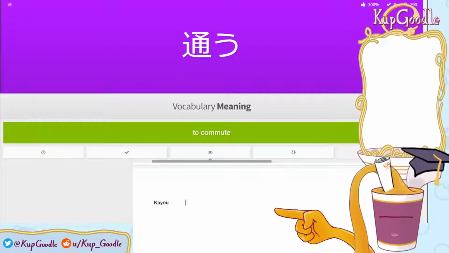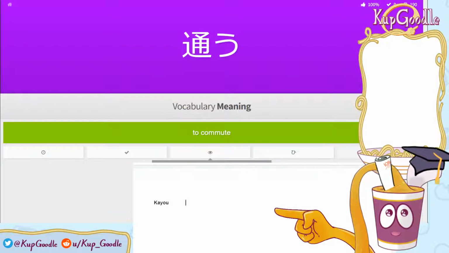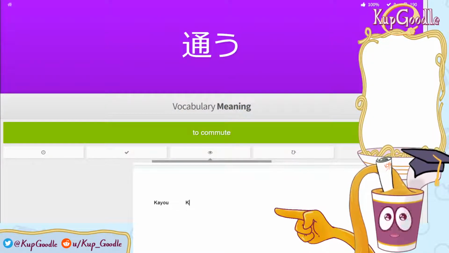And in the past plain, it would be kaiota. No, wait. The u verbs are all ta. It would be the negative that would be kayowanakatta. So this is kayotta.